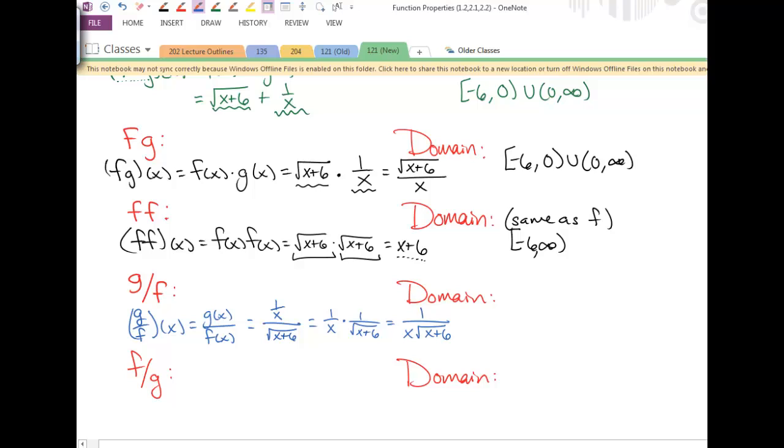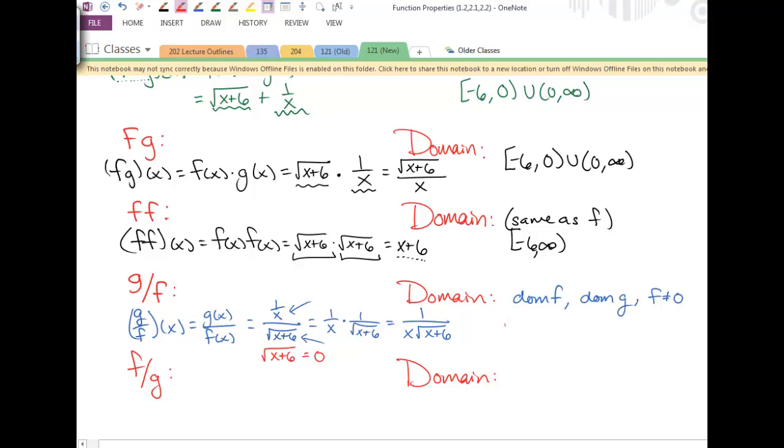Here, the domain has to have the domain of f, because whatever we pick has to be able to plug into root x plus 6. And it also has to have the domain of g, that would be this guy. And f cannot equal 0. Because we're doing division, we now have to take a look and make sure that whatever we're putting in the denominator, in this case the root x plus 6, can't be 0.